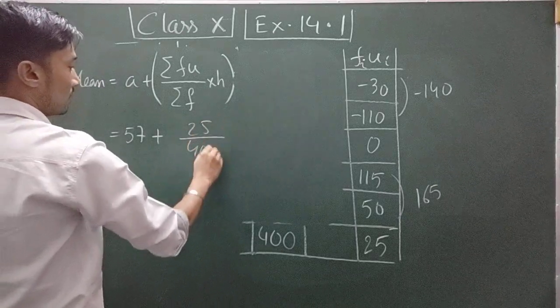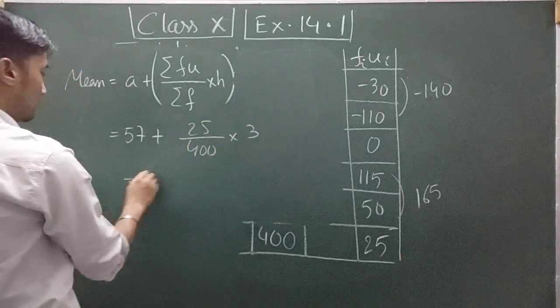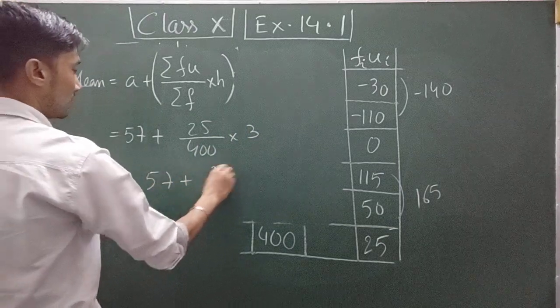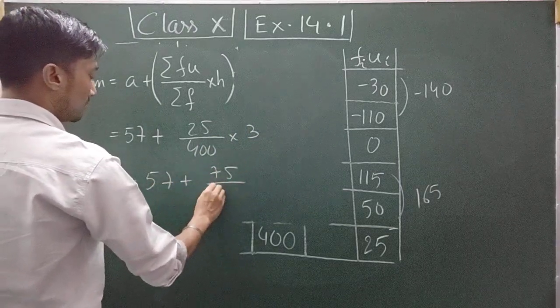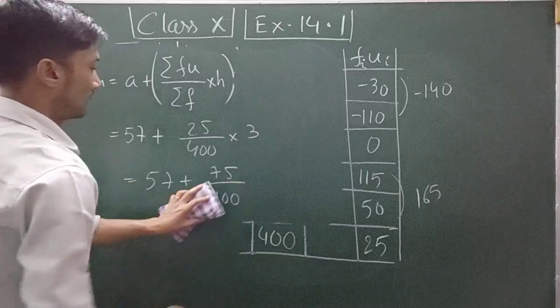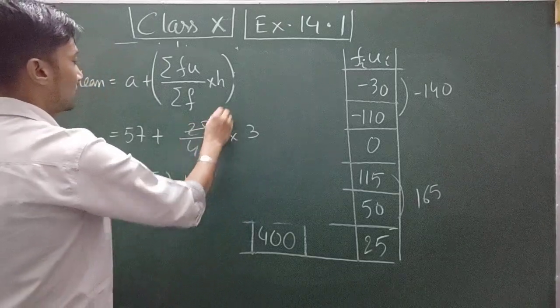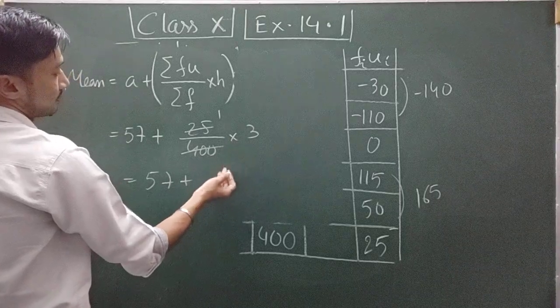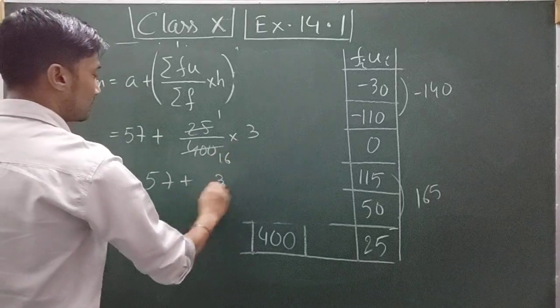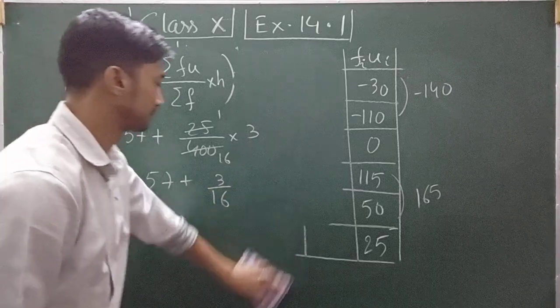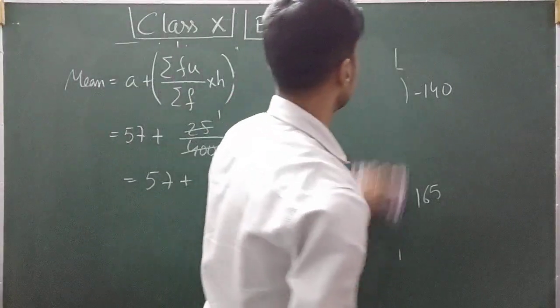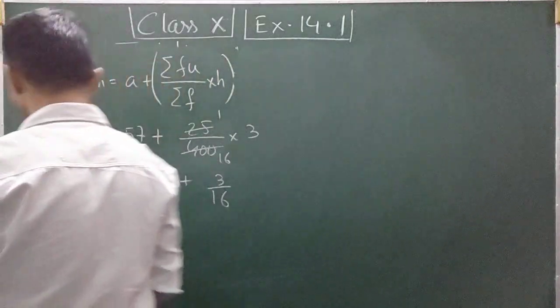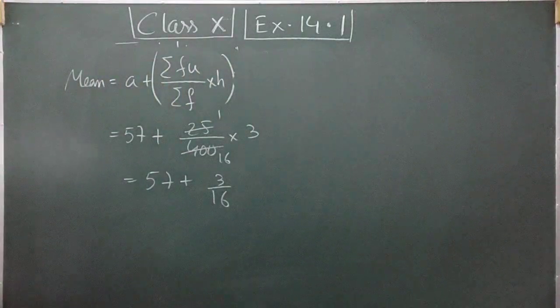Total of f 400 into how much? 3. So 57 plus 75 by 400. Okay, you can cancel 25, 1, 4, 8, 12, 16. So it's 3 by 16. 57 plus 3 by 16.